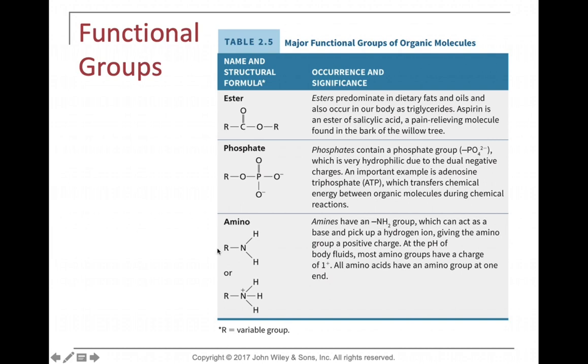Amines, again, you're going to have that long carbon chain, and at the very end, you're going to see NH2. When we see NH3, that's ammonia. The body is going to excrete that from the body. So we're going to function primarily on NH2.